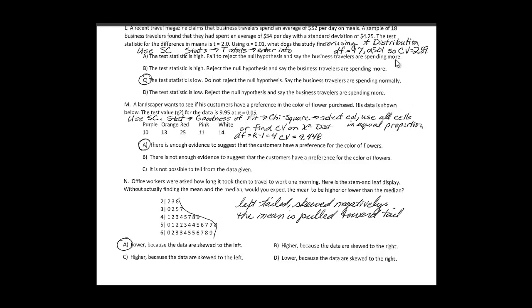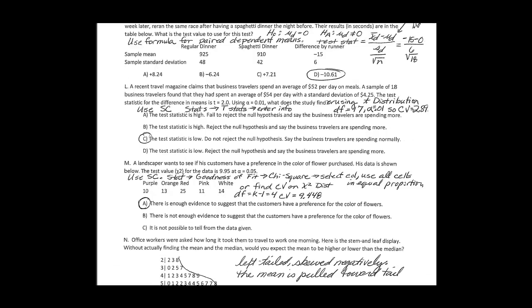So you could go to the t distribution and look for degrees of freedom of 17, see where that intersects with an alpha of 0.01 to find your critical value.